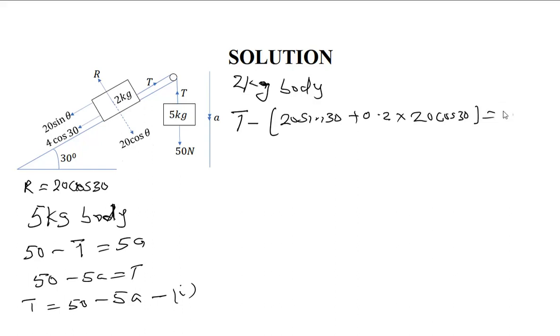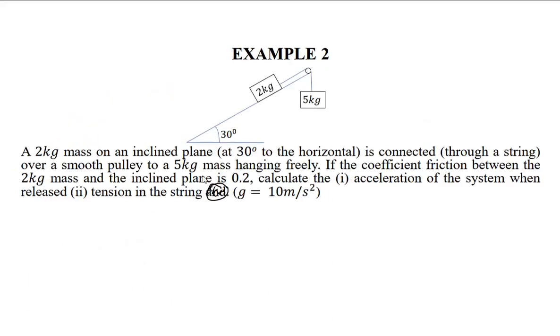M is 2, and so MA becomes 2A. Now look at the question very well. You see that the coefficient of friction in the question is 0.2.